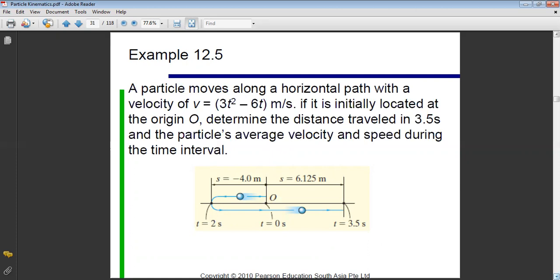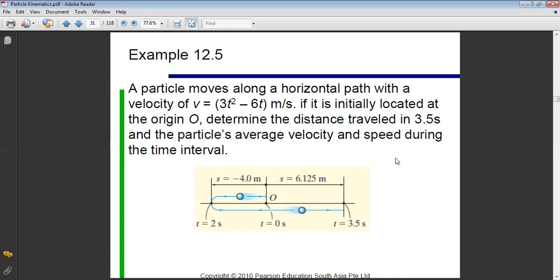So here they gave us the velocity as a function of time, and we need to find the total distance traveled by the particle in 3.5 seconds. If you remember when we talked about average velocity and average speed, the main difference is that the average velocity only considers the initial and final position, while the average speed considers the total distance of motion.